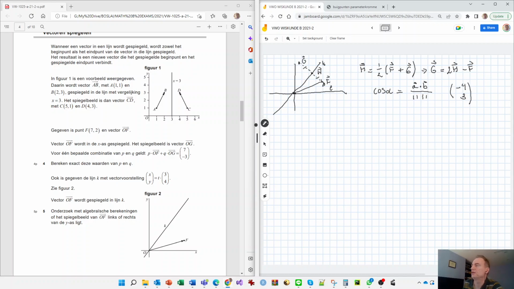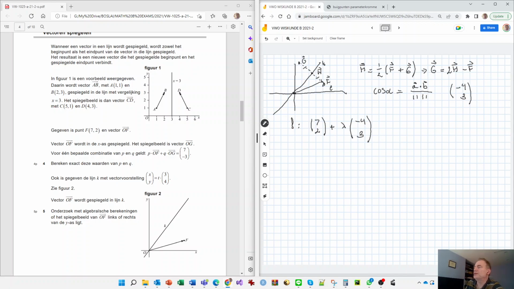Okay, now we have to demand this perpendicular line has to go through F. So I know the direction vector, and I know F has to be on this line, so my line L is just 7, 2 plus lambda times minus 4, 3. So this is the vector representation of L again.